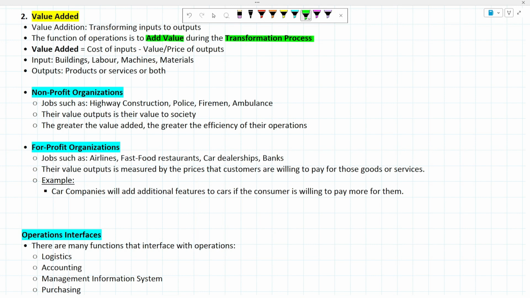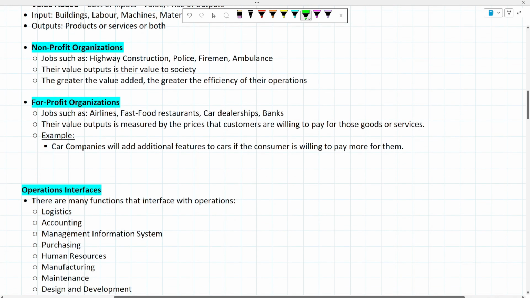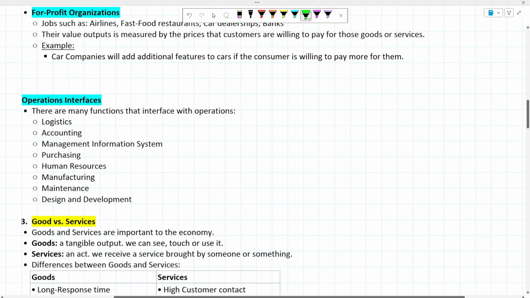You could also change the color of your seats, different types of leather, all those different additional features that cars add. So operations interfaces: there are many functions that interface with operations, such as logistics, accounting, management, information systems, purchasing, human resources, manufacturing, maintenance, design, and development.